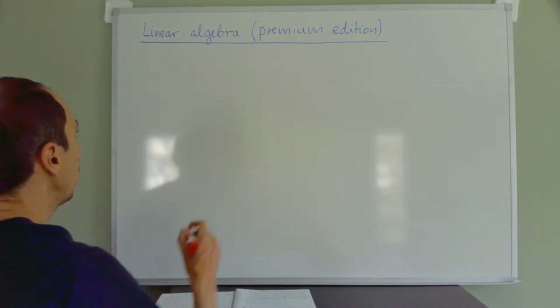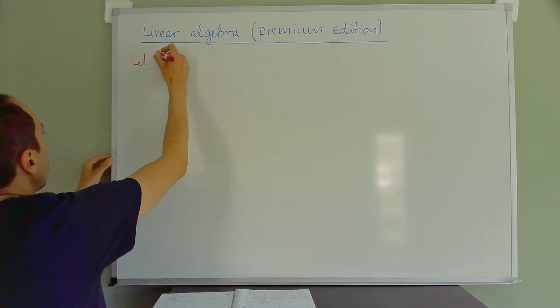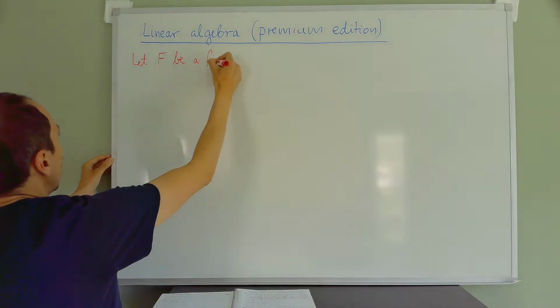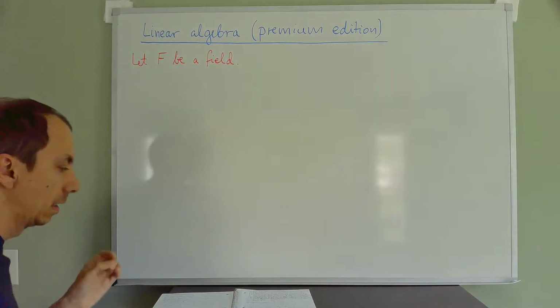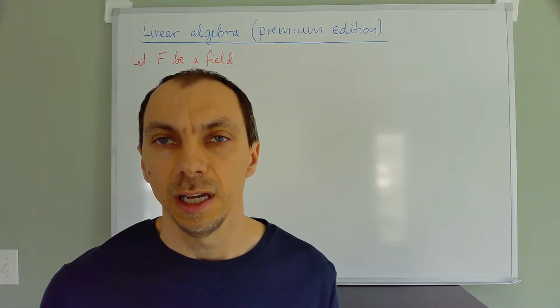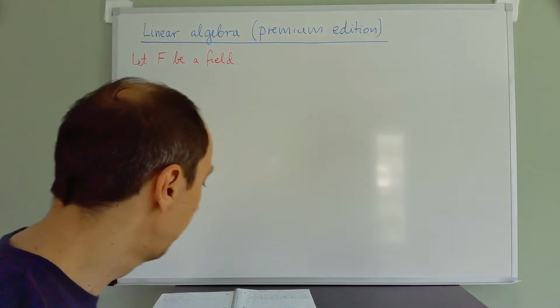This is part of a definition that you never actually saw, where somebody writes, let F be a field. So for us to define a vector space, we will need a field and we will need a set of vectors that will be our vector space.